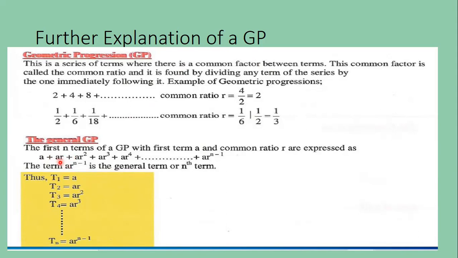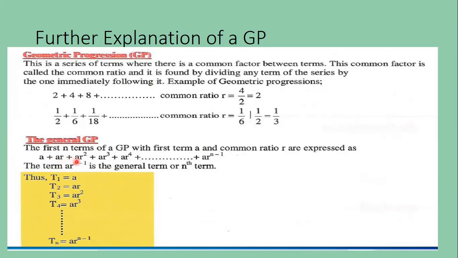So now we are at T2, the second term, which is the same as AR power 2 minus 1. 2 minus 1 is the same as 1. No wonder we have the R there, because this R is actually raised to power 1.